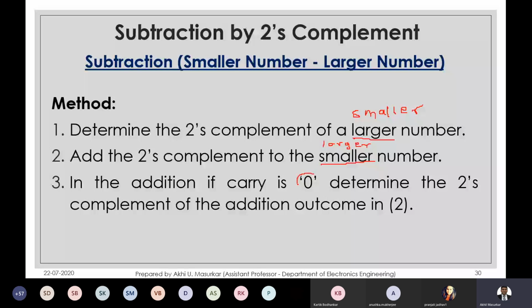Now you might ask me, what if carry is 1? That might be your obvious question. But when you do smaller minus larger, carry can never be 1.